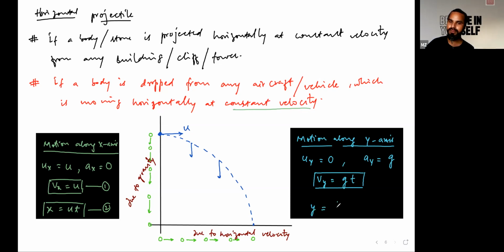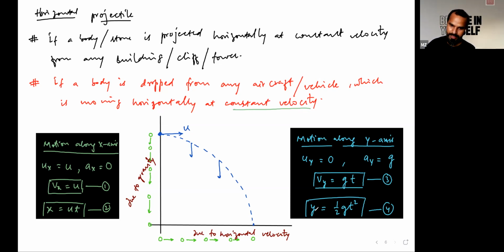As u is 0, we're left with just half gt square. So this will be your third equation, and this will be your fourth equation. Now we have in total 4 different equations, on the basis of which we will define different components: range, height, time of flight, and so on.